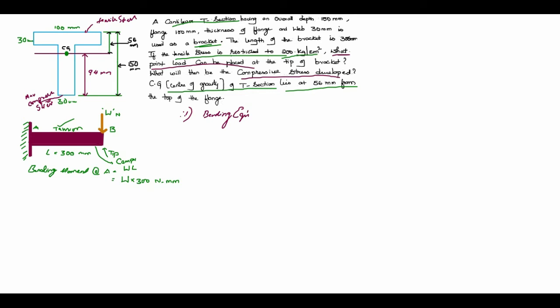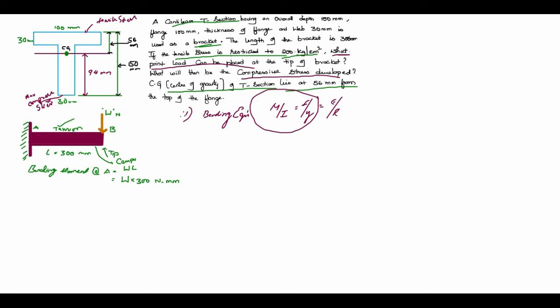What is the bending equation? M by I is equals to F by Y is equals to E by R. We do not need the third term. The first two terms of this equation are just sufficient to solve this problem.